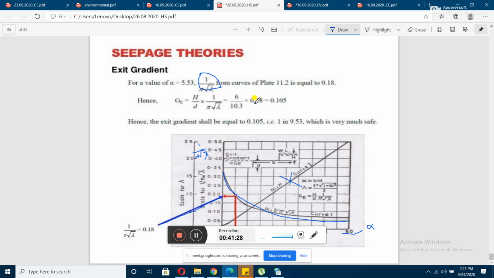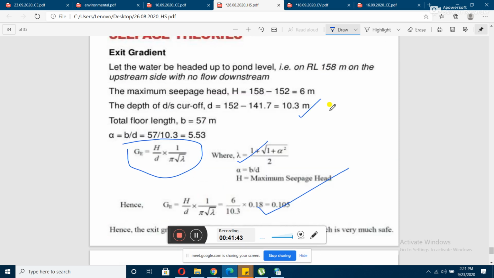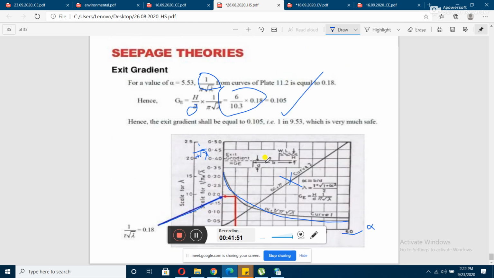Once you get the value of that, we can easily get this particular value, right? D is known, has been calculated by us, H is known to us. So from the curve also we can get this value. In order to avoid the calculation part, that is getting the value of alpha, then lambda, then root lambda, you can easily get it from the curve also. You locate the point of alpha, draw a perpendicular to your curve 1, and at the point where it intersects, draw a horizontal to your y axis, and that ordinate will give us the value of 1 by pi root lambda.